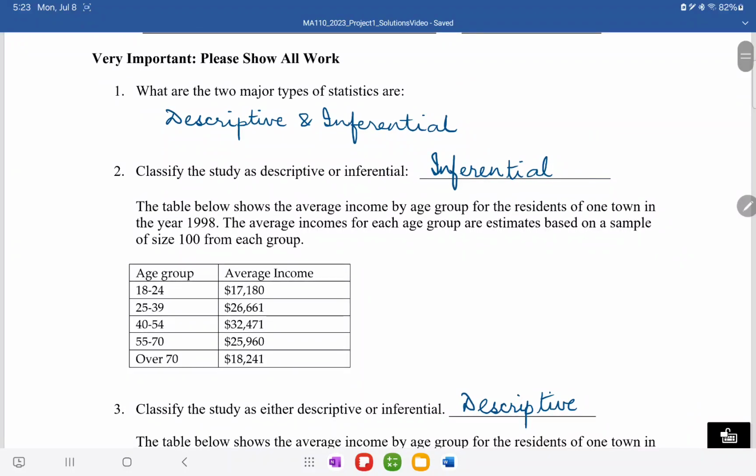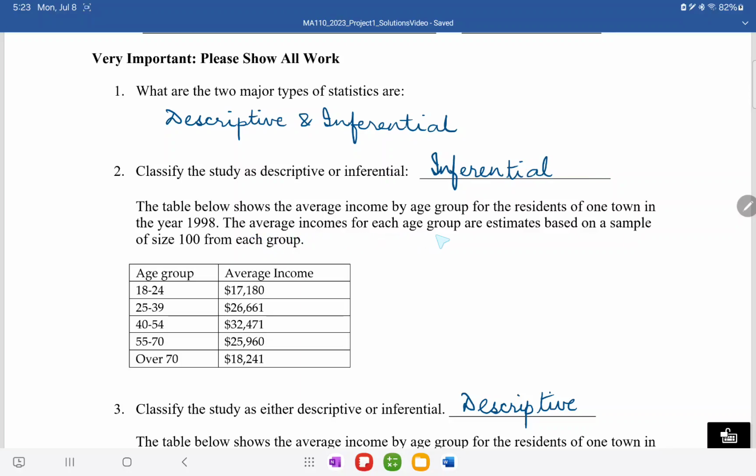So, question number 2, it says classify the study as descriptive or inferential. So they've given us a question below with the table containing the data. It says the table below shows the average income by age group for the residents of one town in the year 1998.